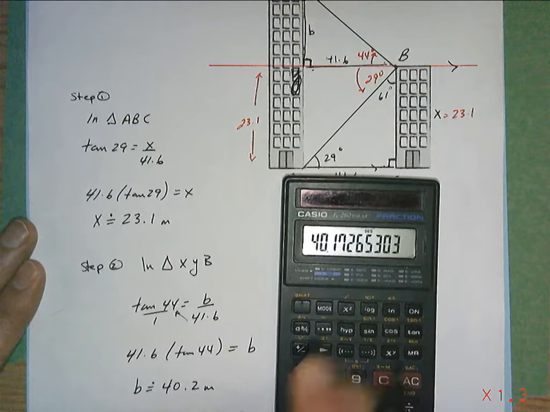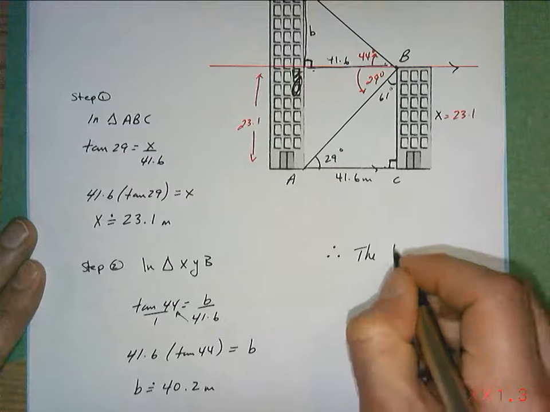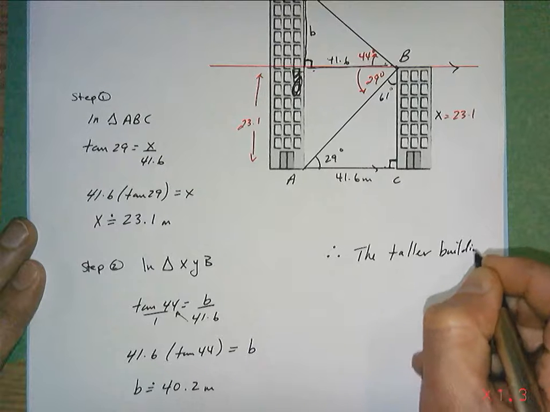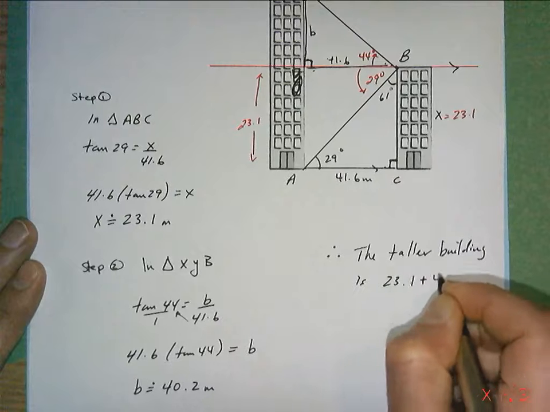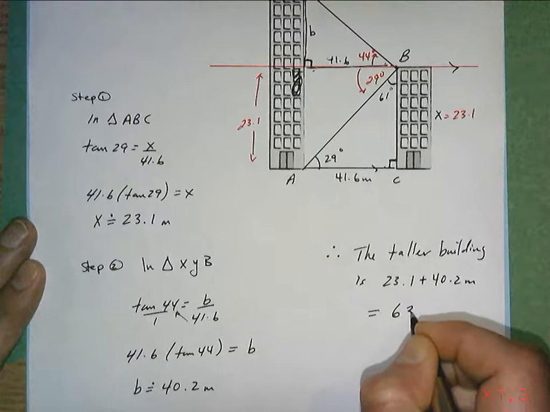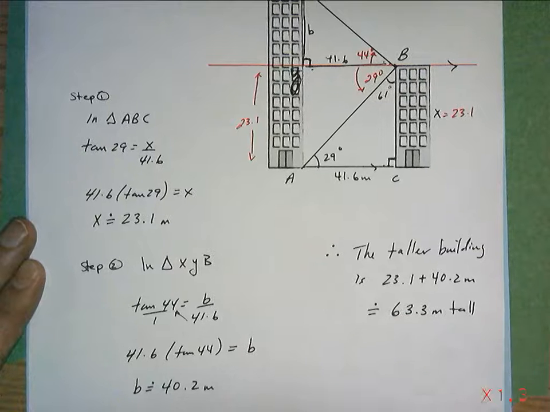We get approximately 40.2 meters. So therefore, the taller building is 23.1 plus 40.2 meters, which is 63.3 meters tall, approximately.